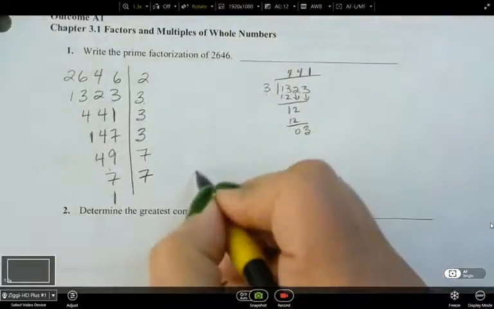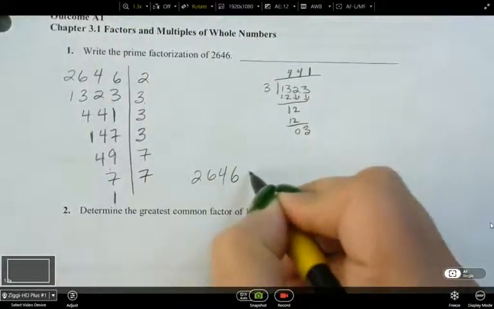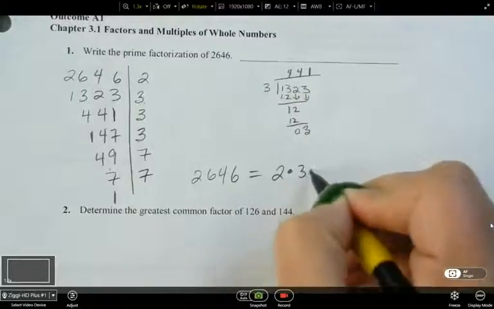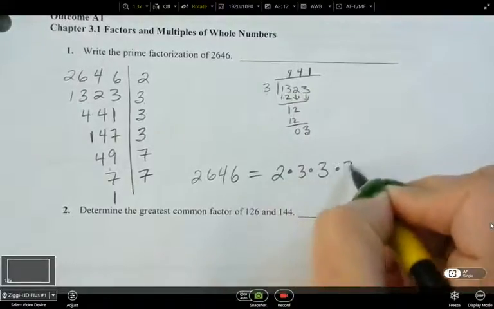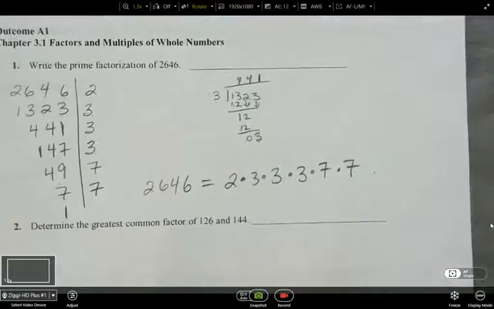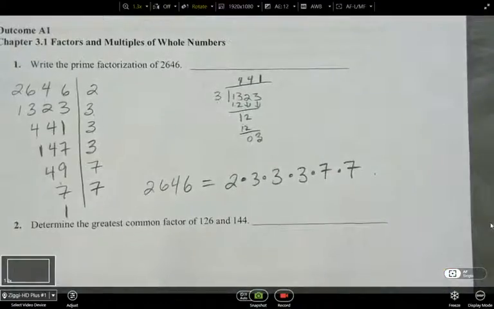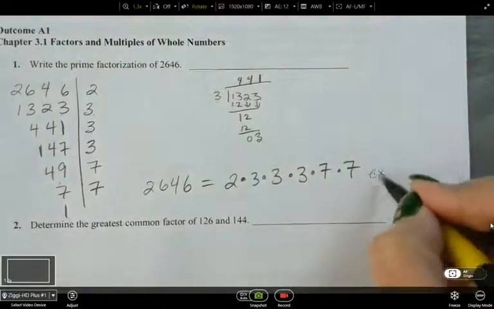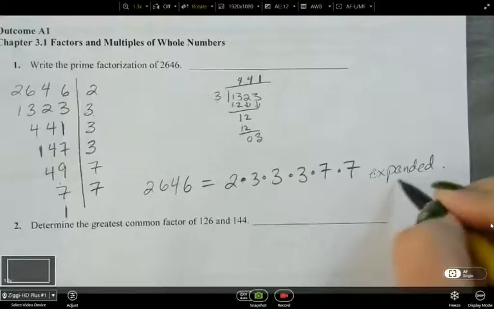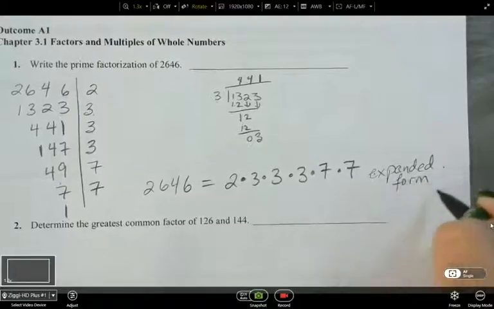So 2646 is equal to 2 times 3 times 3 times 3 times 7 times 7. That's it broken down in expanded form. This is expanded form, which means I'm not using any exponents to write it.